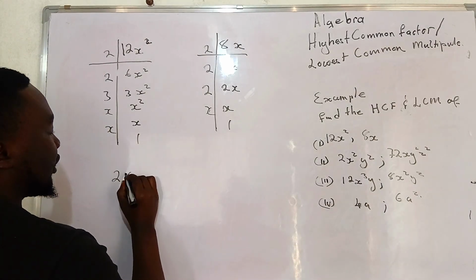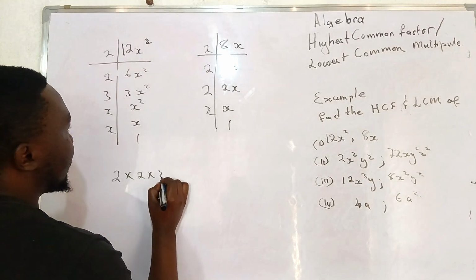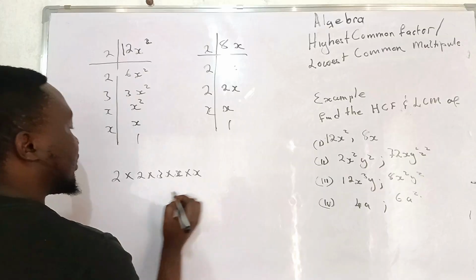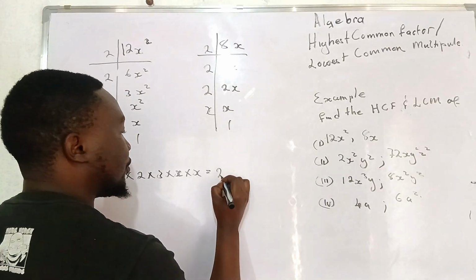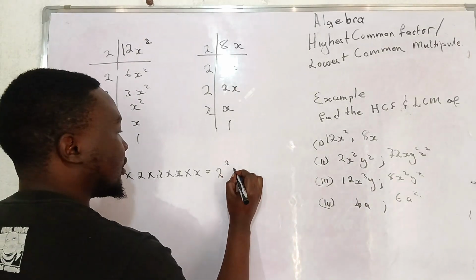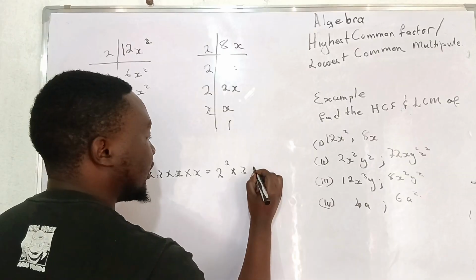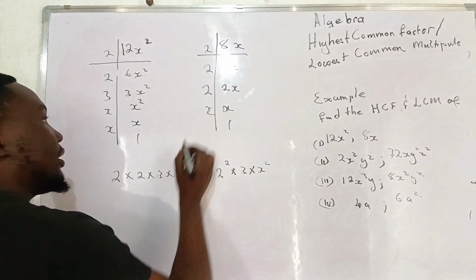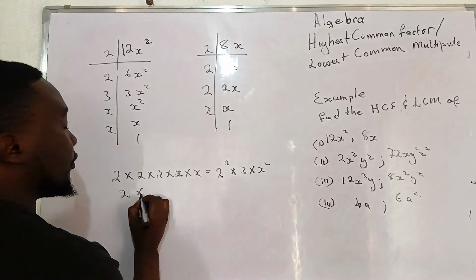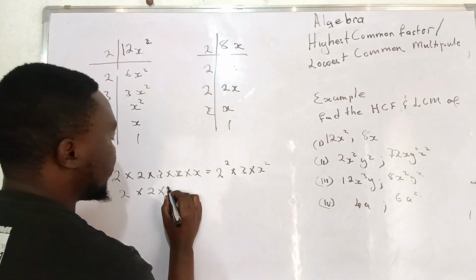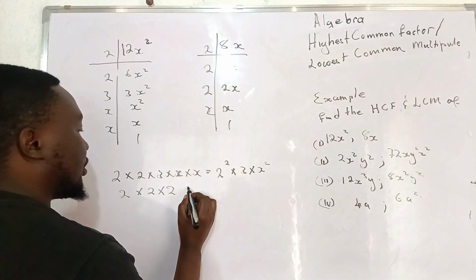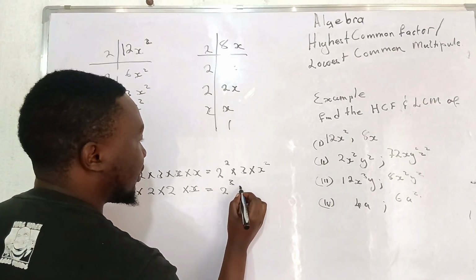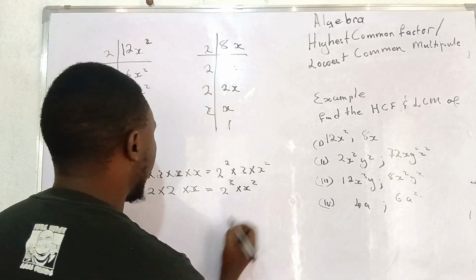You have 2 times 2 times 3 times x times x, which is equal to 2 squared times 3 times x squared. This one is the product of prime factors 2 times 2 times 2 times x, which is equal to 2 to the power 3 times x.